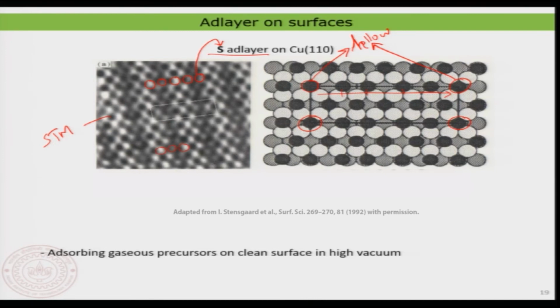So, this is a true experimental result of a sulfur Adlayer on copper, where you can see this kind of real effect, which is what a real Adlayer mostly looks like. It also depends on the coverage, because at lower coverage you would find that atoms can occupy a more stable adsorption site, but as the coverage increases, the atoms start to occupy a completely compact layer, where you can start to observe this kind of real Adlayer.